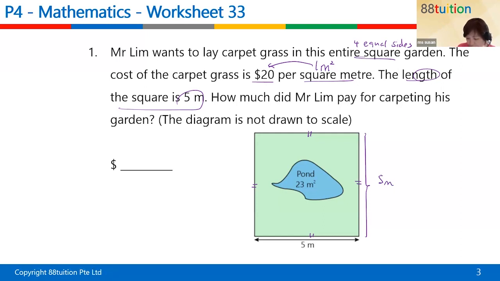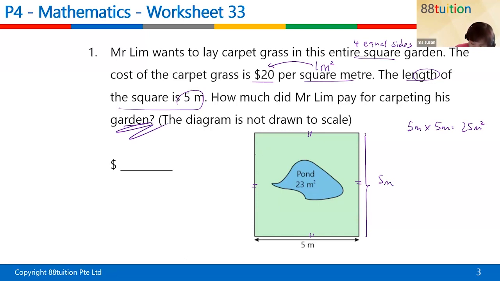So when this is a square, right? The square is 5 meter by 5 meter. So you find the area of the square first. But are you going to lay the entire square or not? Tell me the answer, Hao Xuan. Okay, Hao Xuan gave me the final answer. You do not lay on the entire square, but you lay it in the garden.